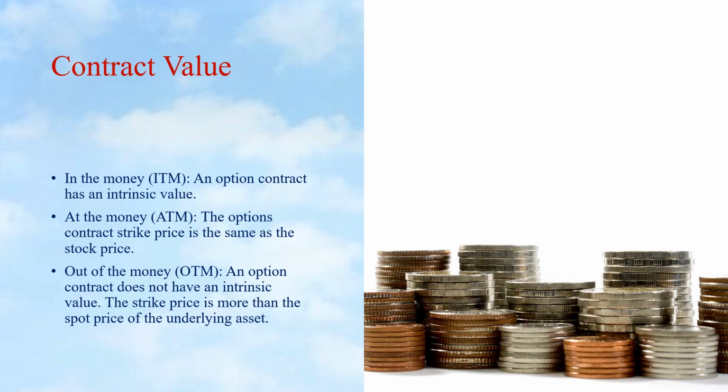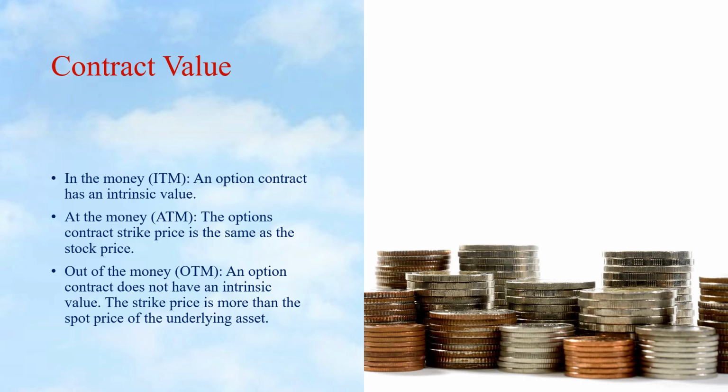At the money means that the option strike price is the same as the stock price. That is, if you want to exercise that one, you might have purchased at the same price. That is at the money. Both prices will be the same.